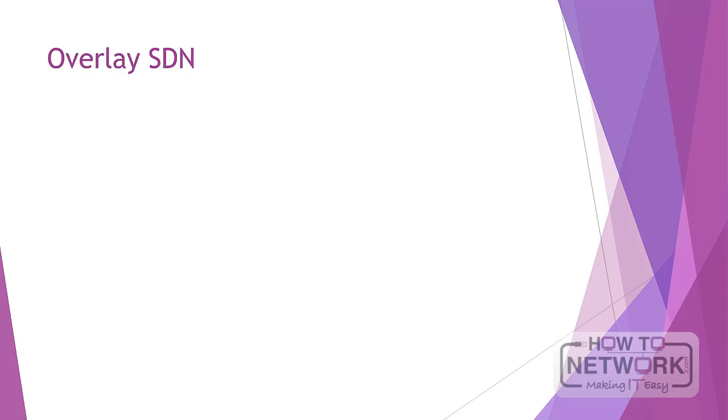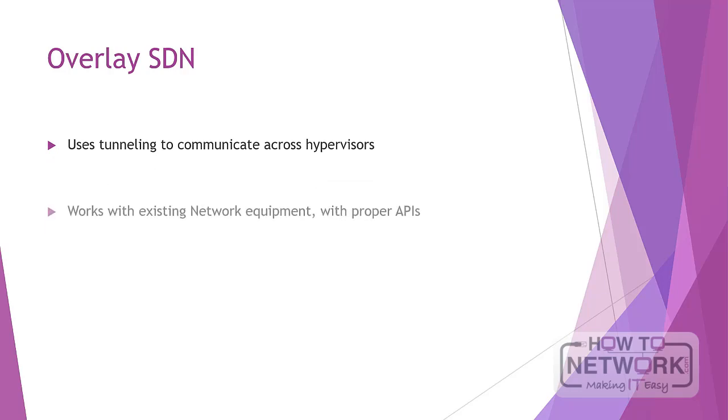There is another sort of middle ground SDN, which, because it's middle ground, it's more compatible with the traditional model, has had a lot of acceptance, which is called Overlay SDN. And as a matter of fact, Juniper has its own Overlay SDN solution. So what it does is it uses tunneling to communicate across hypervisors.